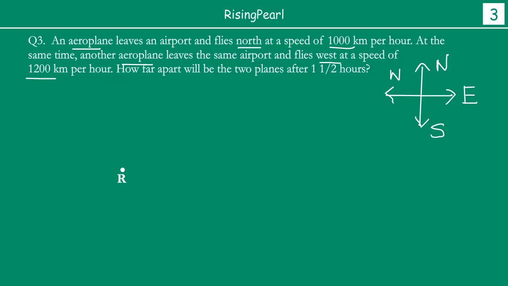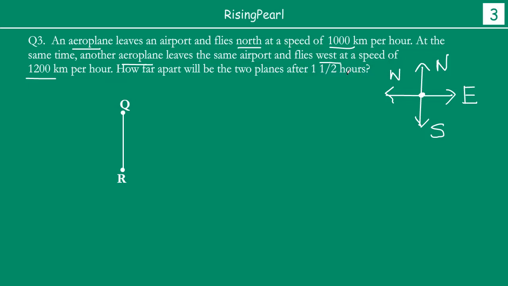We take a point R, and we assume this is the starting point for the aeroplanes, and the first aeroplane is flying north. That is, this is R, the start, and this aeroplane flies north.